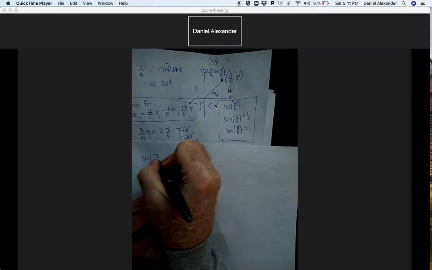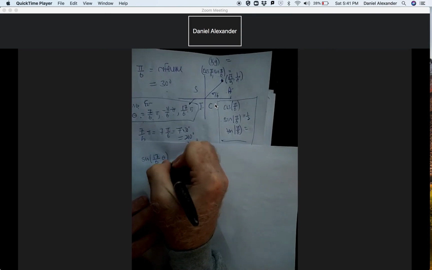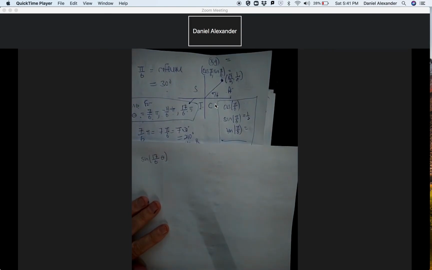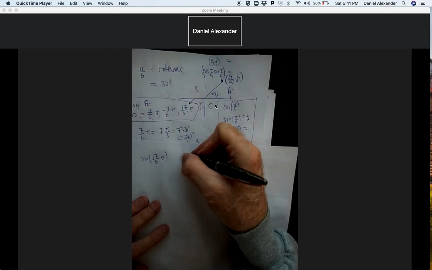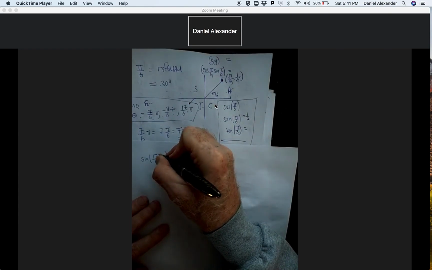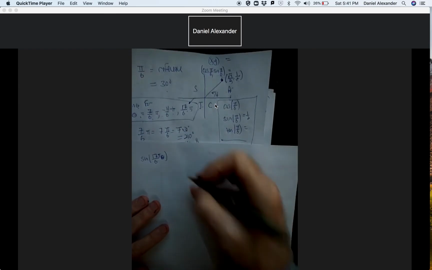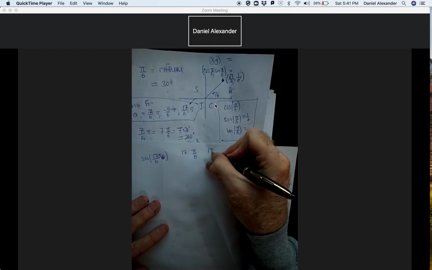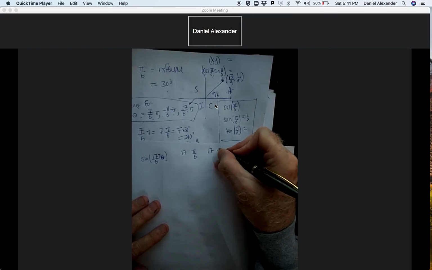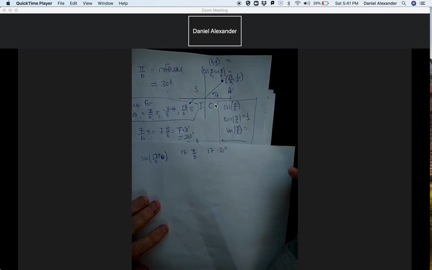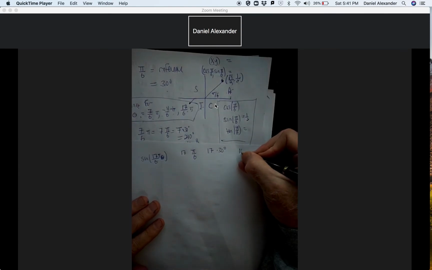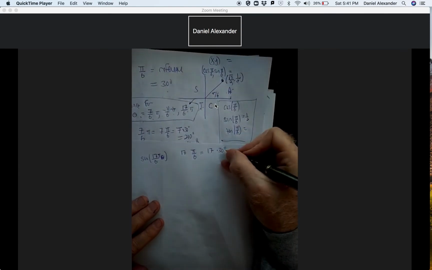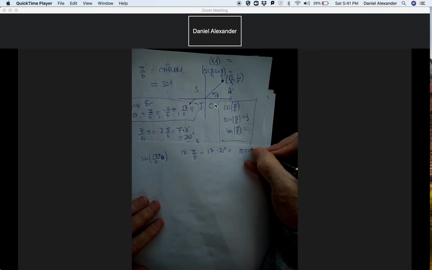So what we need to do is figure out how many degrees 17/6 pi is. That's 17 pi over 6, so that's going to be 17 times 30 degrees. Just doing it with my calculator, that's going to be 1050 degrees.